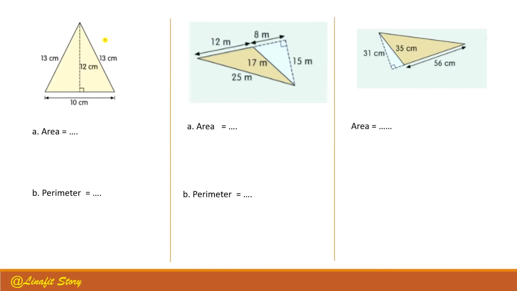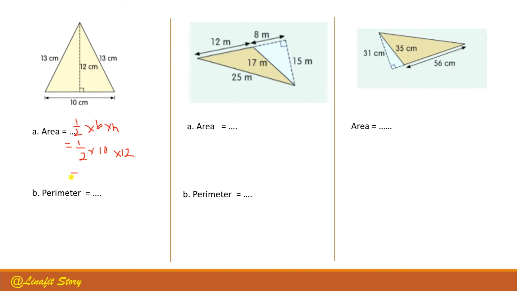Look at this example. We will find the area and the perimeter of these triangles. So first, to get the area, it is 1/2 times base times height. So the base is 10, and the height is 12.